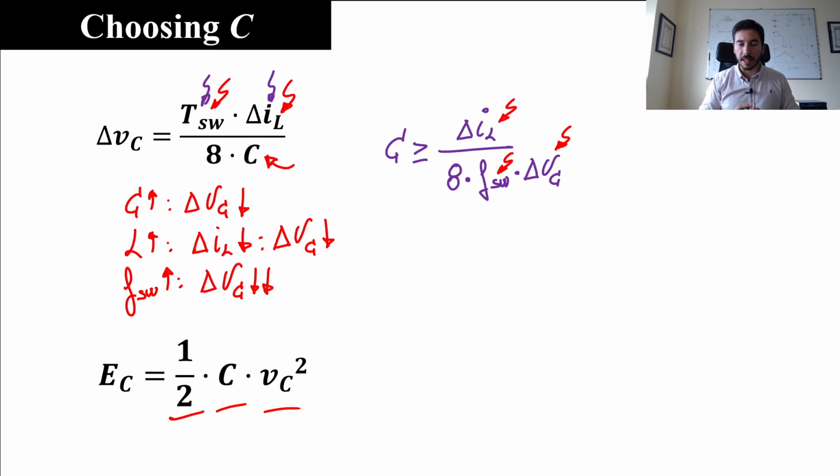If you increase the voltage rating of your capacitor, it means that you increase the amount of energy that the capacitor is able to store. So you increase the size.